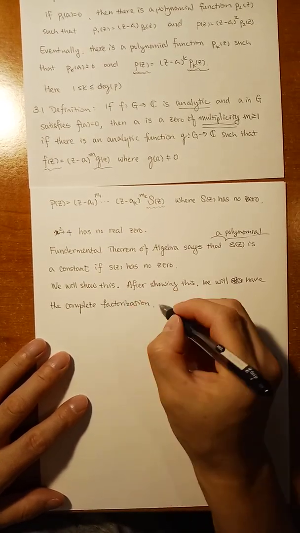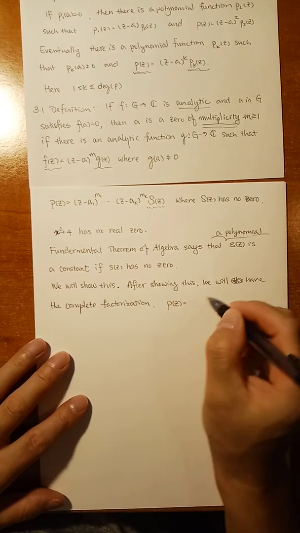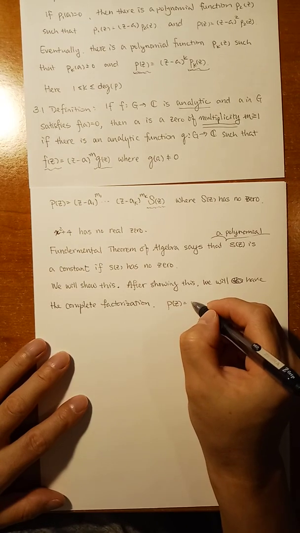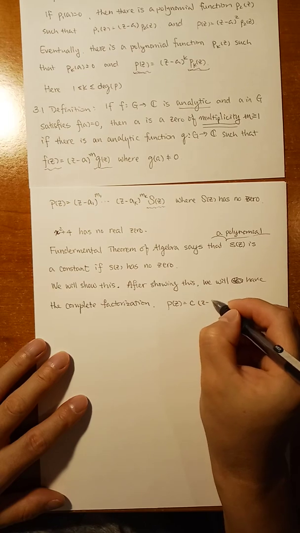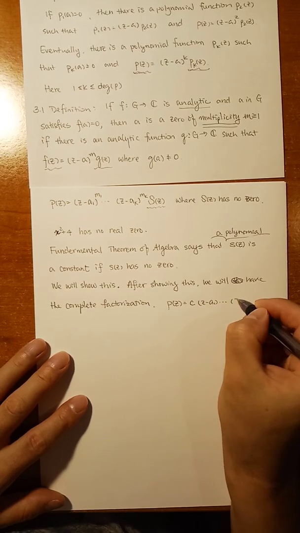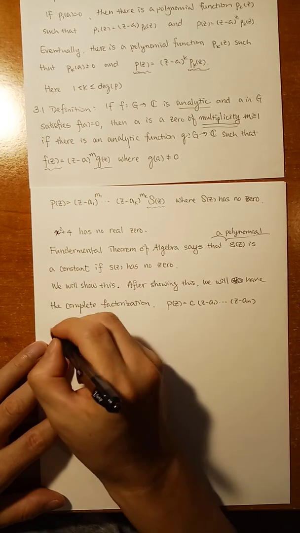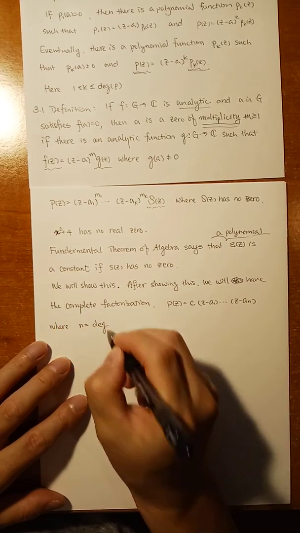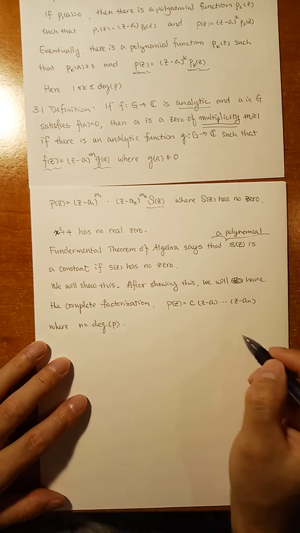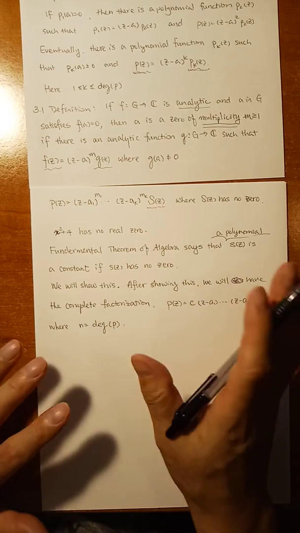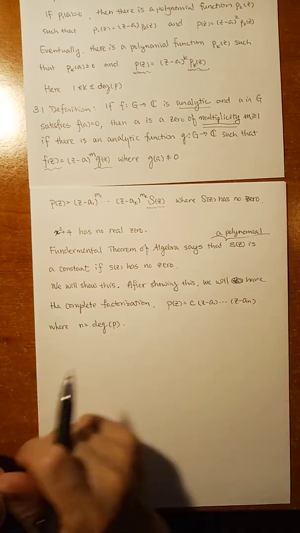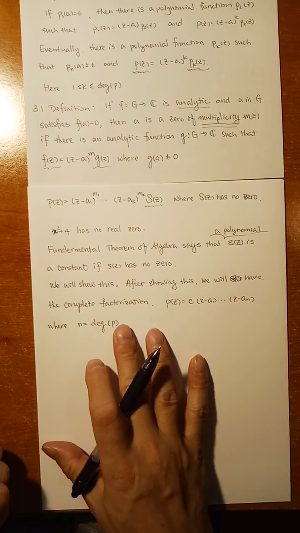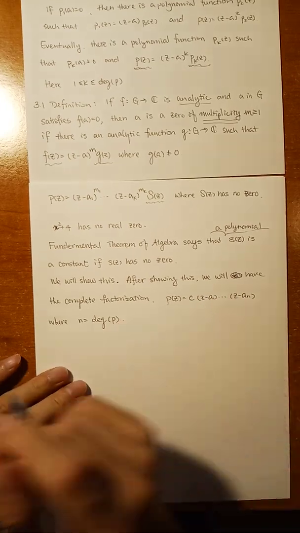Complete factorization means the polynomial is going to be a constant times z minus a1 up to z minus a n, where n is equal to the degree of the p. The a's can be repeated. It doesn't matter, I just say it's a product of linear terms.